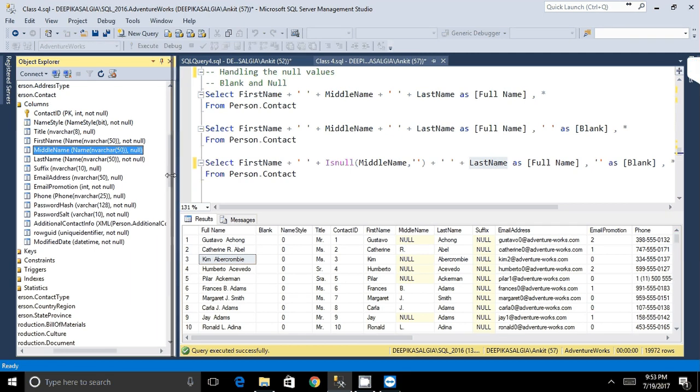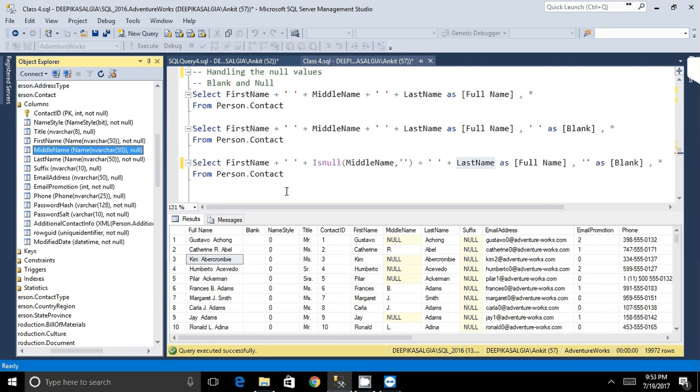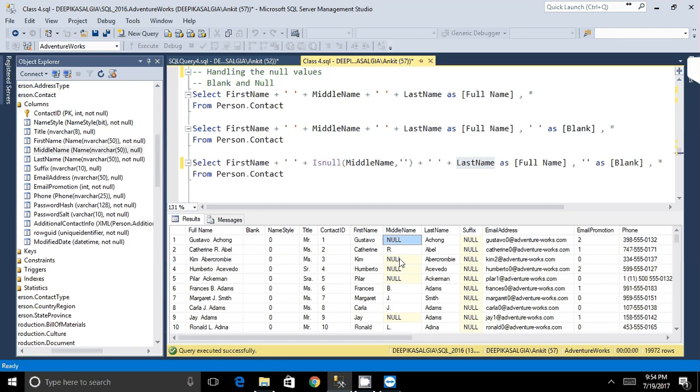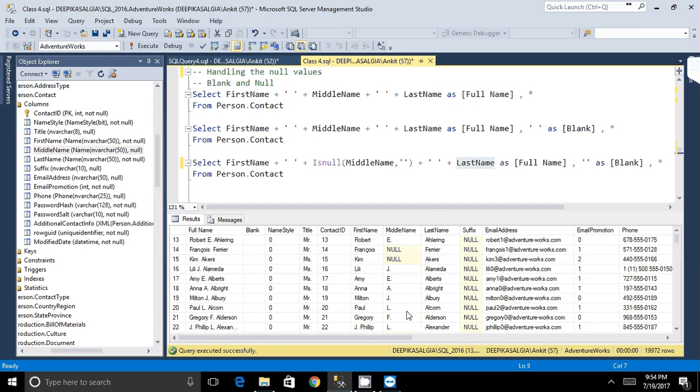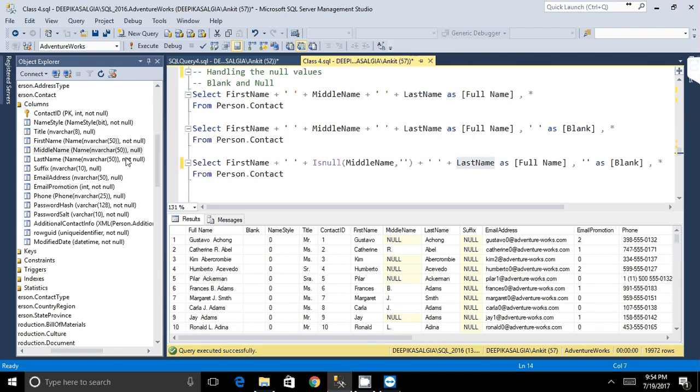All right, any questions? Yes, you don't need the isNull. Exactly. Because if it says not null, then the null value will not be allowed to be entered. You have to have something if it says not null.